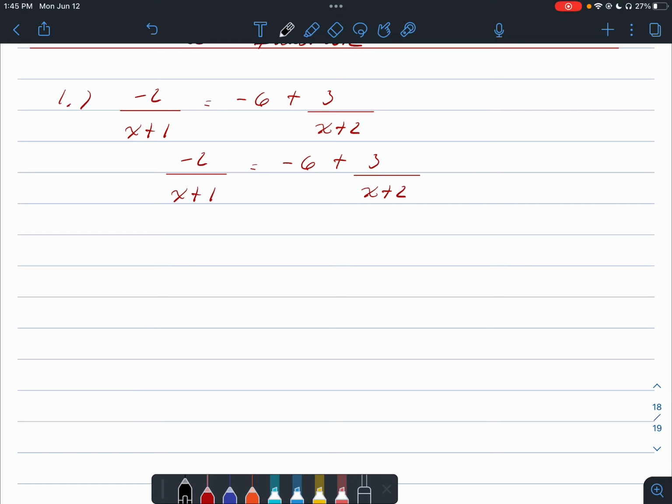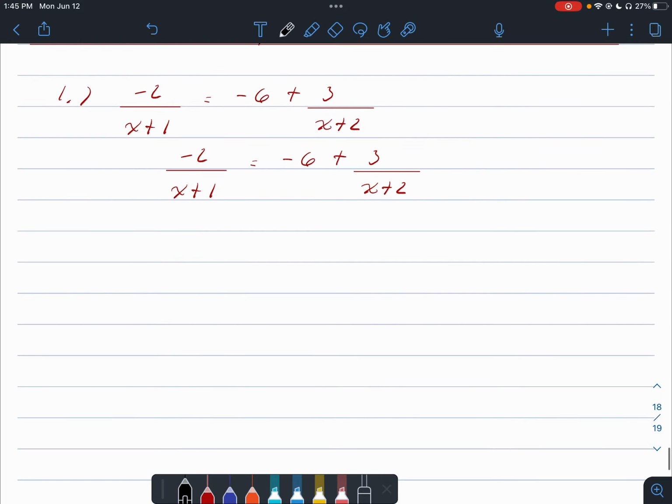Here, we can take advantage of the least common multiple property of these two denominators. We can multiply both sides of this equation by our two denominators multiplied together.